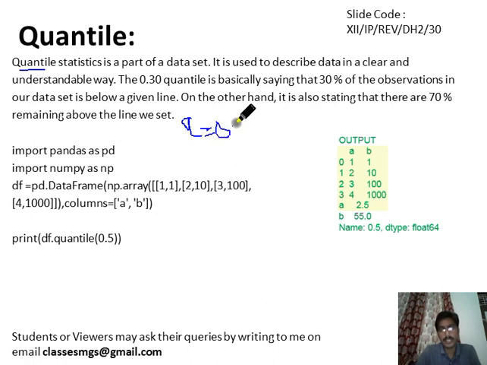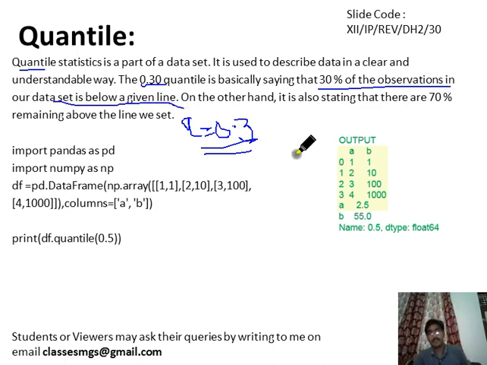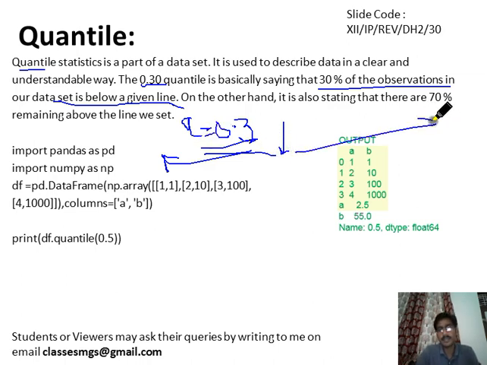What does it indicate? 0.30 quantile basically says that 30% of the observations in our data set are below that given line, and the remaining 70% will be on the other side of the line. So this is the significance of the quantile.